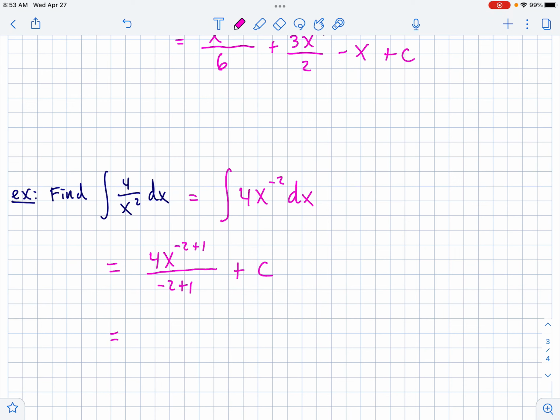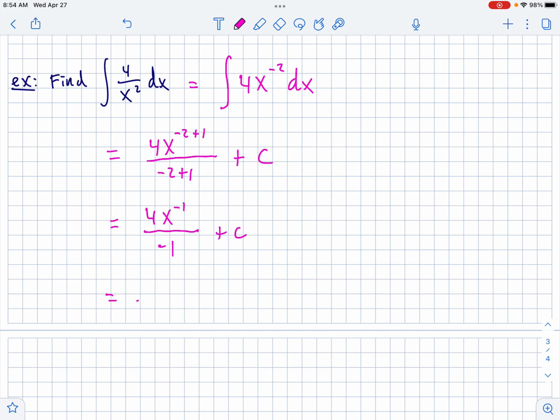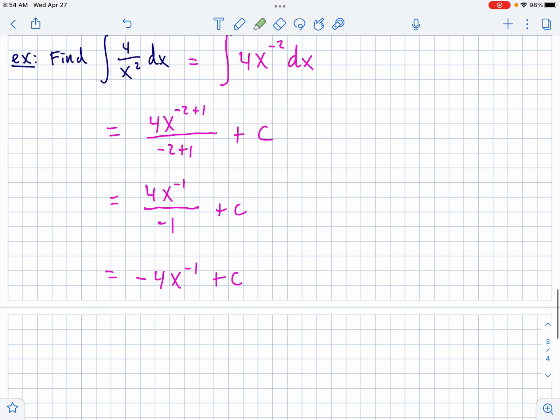Now, -2 plus 1 is -1, so 4x to the -1, and then -2 plus 1 is a -1 in the denominator. So this becomes -4x to the -1 plus c. But there's a rule that you really shouldn't leave negative exponents in your final answer. So you have to kick that guy back downstairs. So this becomes -4 over x plus c.